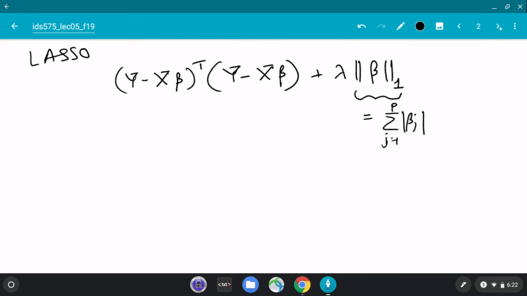It's called the L1 penalty because this norm is called the L1 norm. So it has almost the same form as ridge regression, except the norm has changed here.